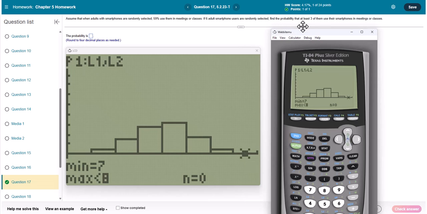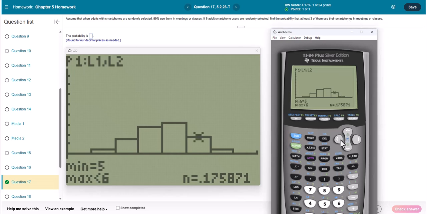We want to know the probability that at least 3 of them use their smartphones. So we come to the bar representing 3, and add the probabilities that 3, 4, 5, or 6 of the 6 people selected use their smartphones in meetings or classes.